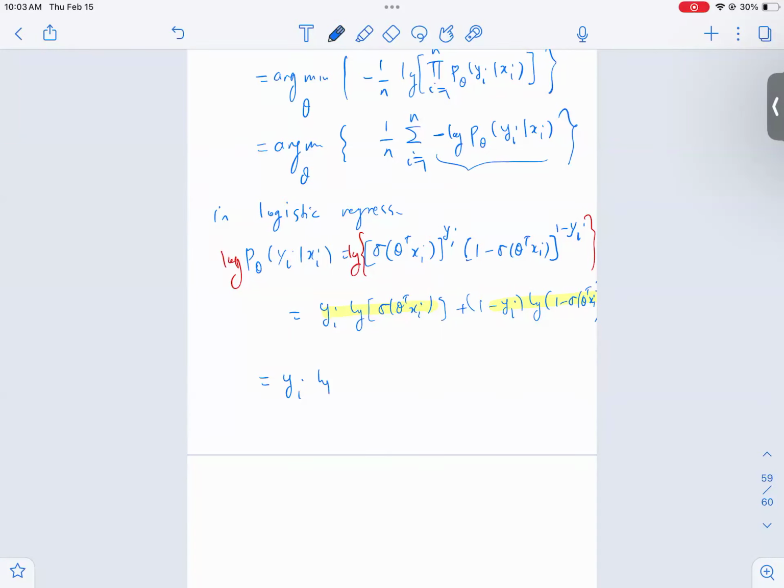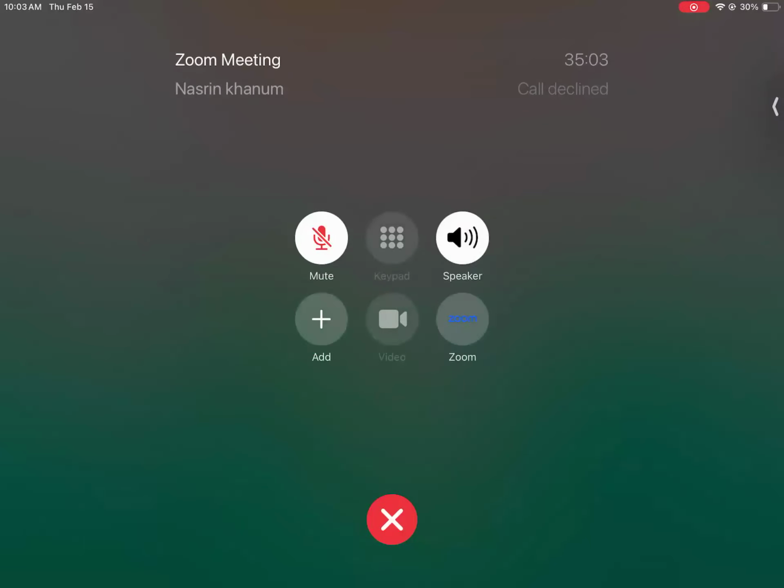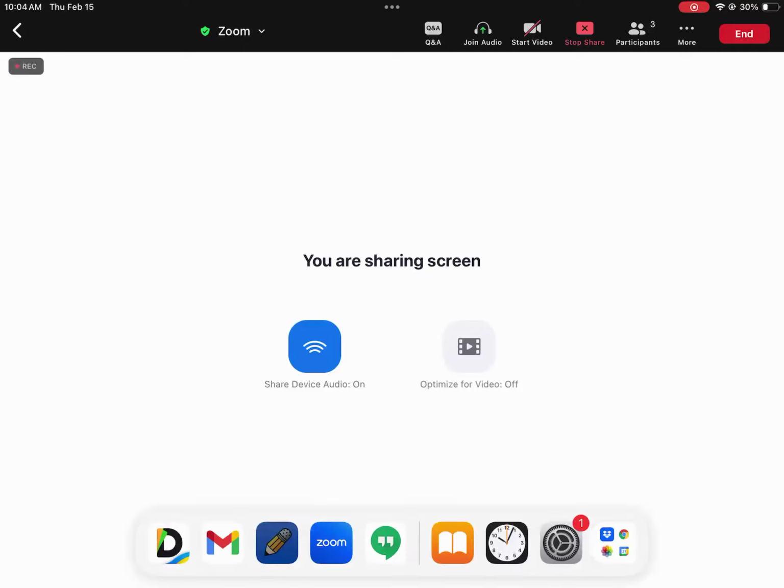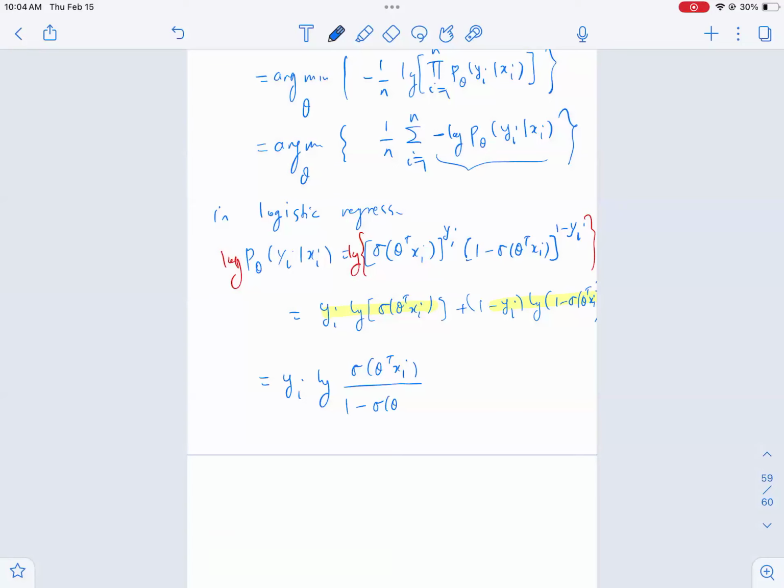So I would get yi log of sigma theta transpose xi divided by 1 minus sigma theta transpose xi, plus log of 1 minus sigma theta transpose xi.